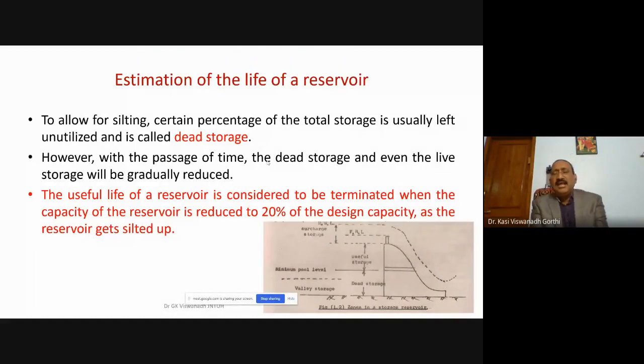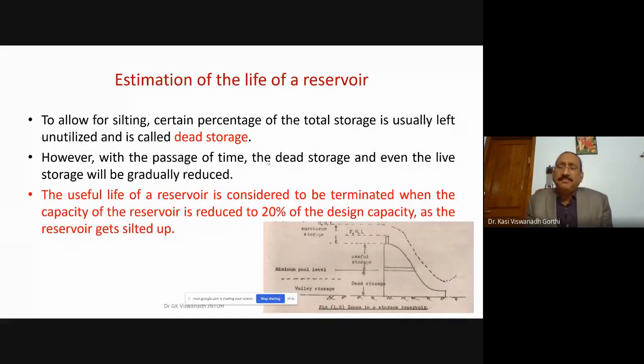To estimate the life of the reservoir, how will this trap efficiency be useful? What do you mean by the life of a reservoir? A reservoir is formed by constructing a dam, as we all know. So when the dam is constructed, the reservoir is formed.